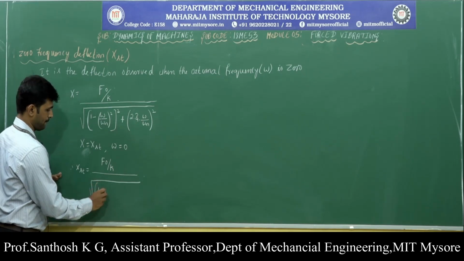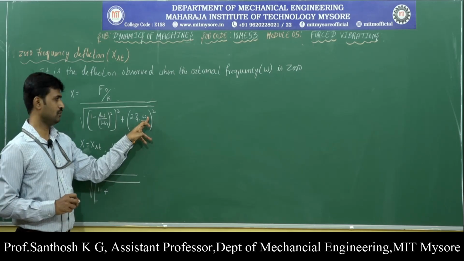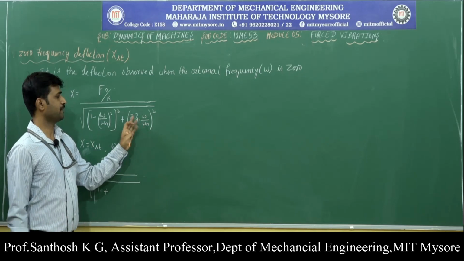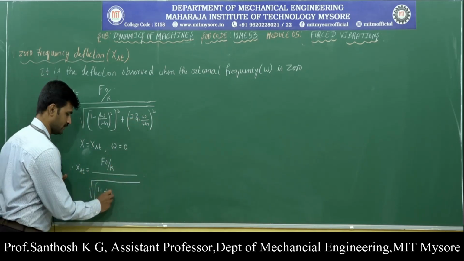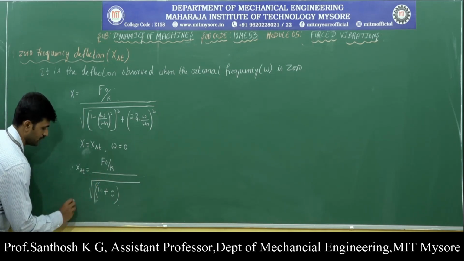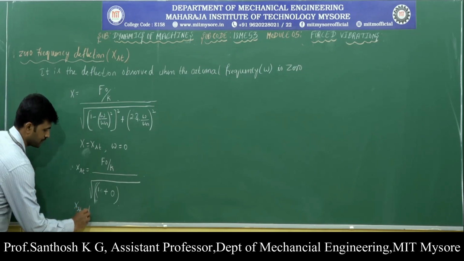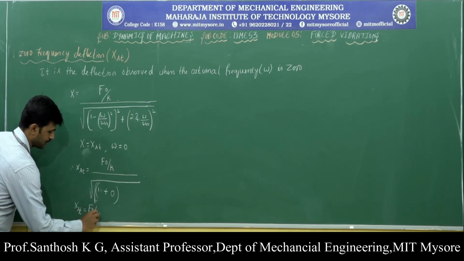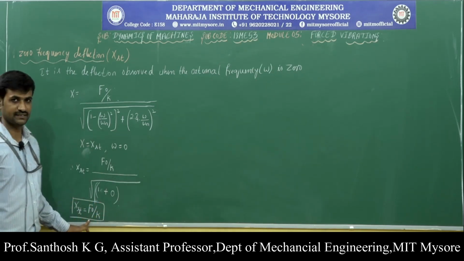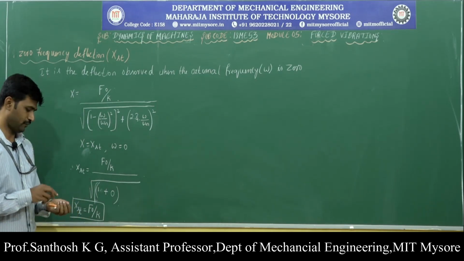So 1 plus, if I put omega as 0, omega by omega n will be 0, and if you multiply it by 2 zeta, then we will get 0 itself. So 1 plus 0, and square root of 1 is 1 itself. Therefore, the zero frequency deflection equals F naught divided by K. So this represents the expression for zero frequency deflection.